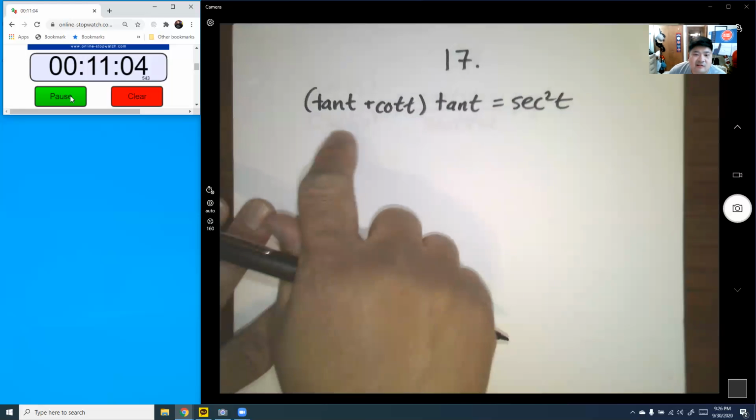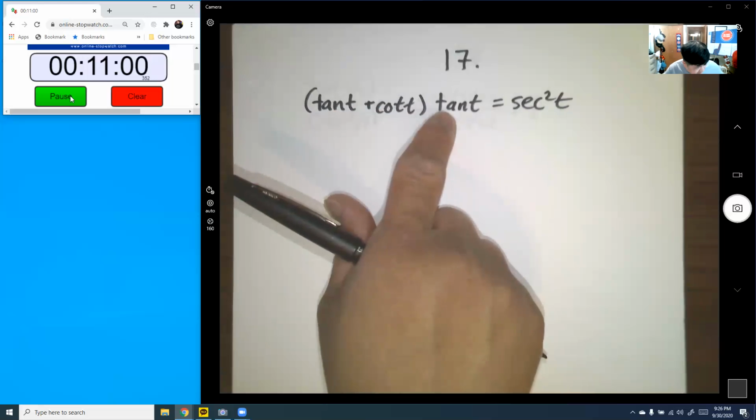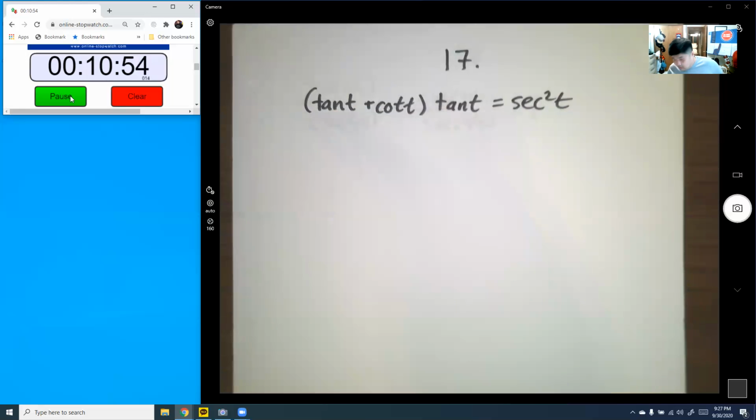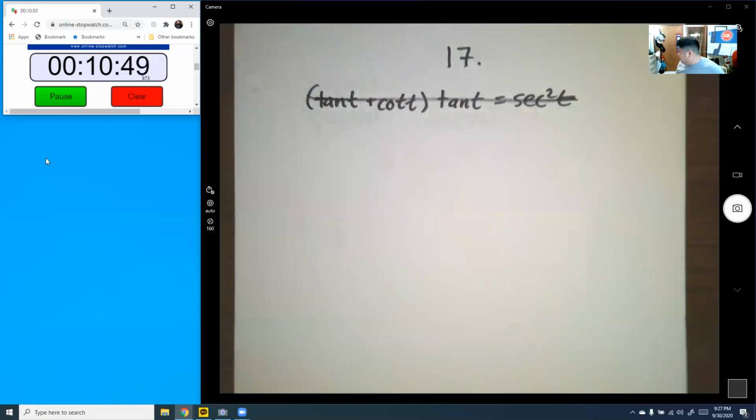Number 17, tangent t plus cotangent t times tangent t. Well, actually, that looks like the same one that I just had. So that is not good. Let me find a different one for us. Let's pause this.